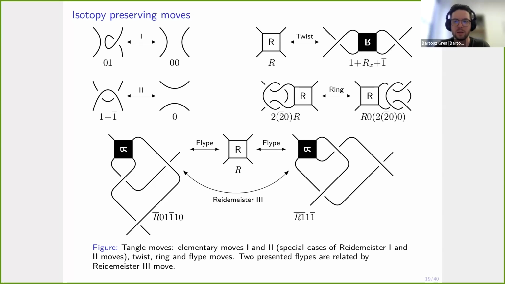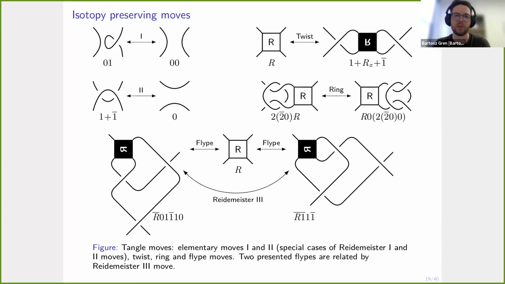So we treat tangles as isotopic if they are related to each other by any of these 5 moves or a composition of these 5 moves. These moves, of course, follow strictly from Reidemeister moves or are compositions of them.